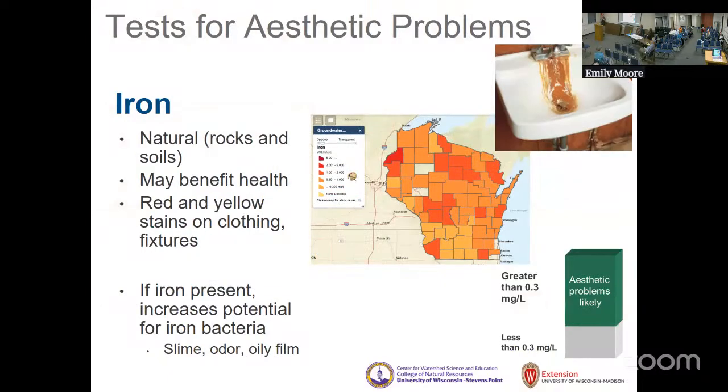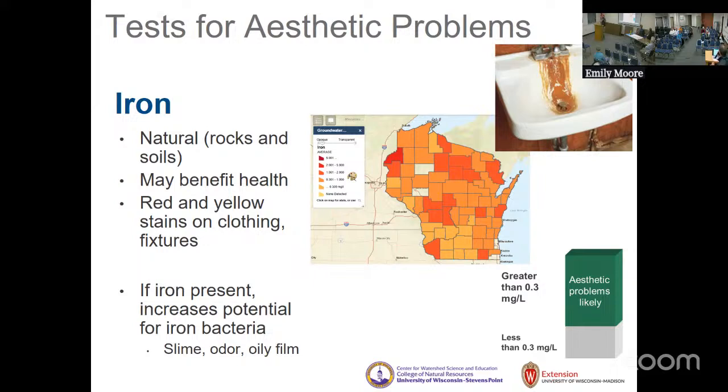These are more likely to be the common complaints or problems that people here in Burnett are experiencing. So iron, which causes that reddish brown staining, is naturally occurring. It's more likely to occur in places like northern Wisconsin, where we have a lot of lakes and wetlands.